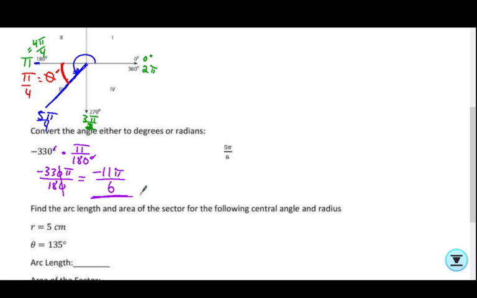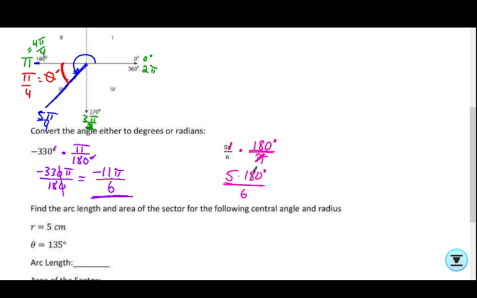Now we're going to do the same thing with 5 pi over 6, but we're going to change it to degrees. So we're going to use the same ratio, but reversed. So this time I'm going to multiply by 180 over pi. And this time pi divides out with pi. So we're left with 5 times 180 degrees over 6.